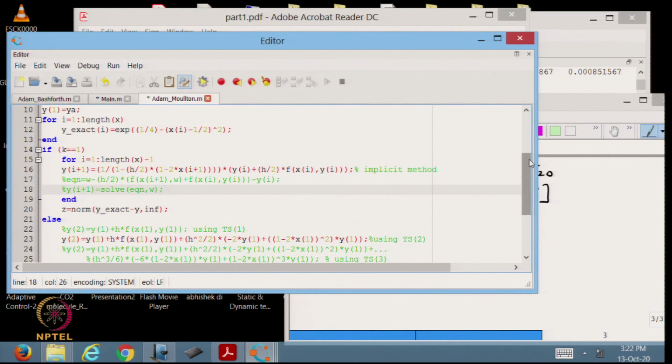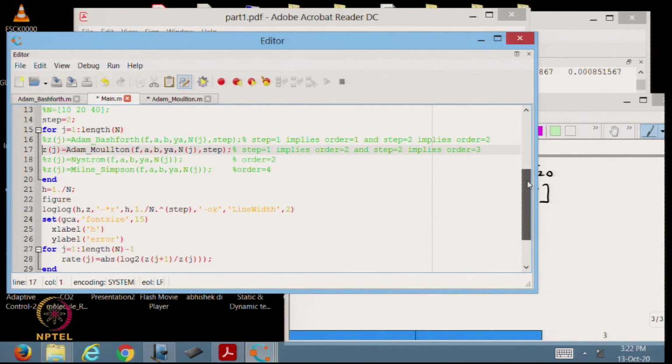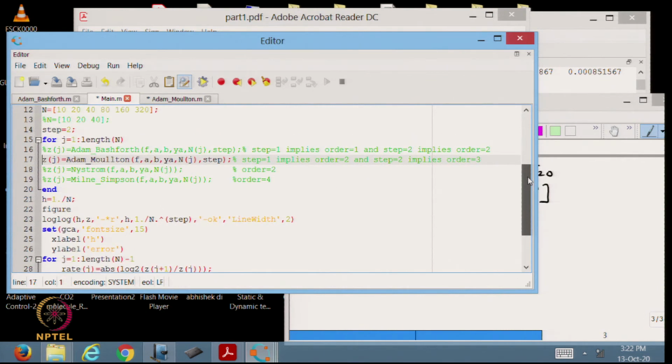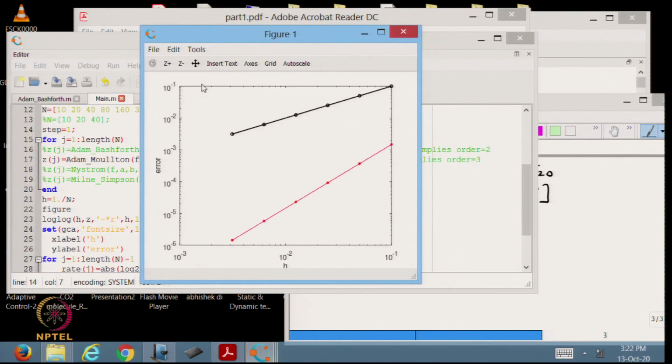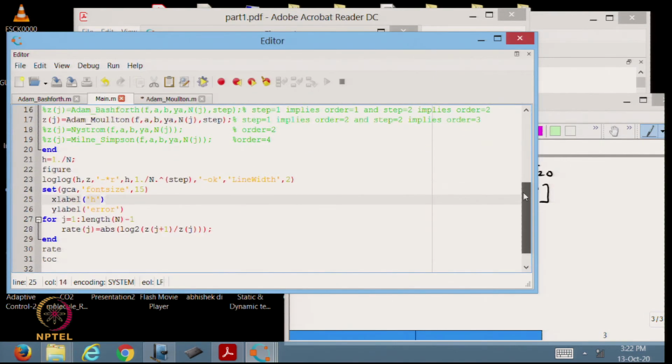Okay. So, now if we wanted to see the output, we have to come to the main. Okay. So, again here I have to write step is equal to 1. Okay. And now I have to run the code. So, let us see how it behaves.